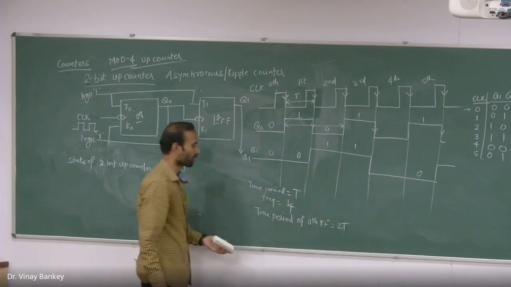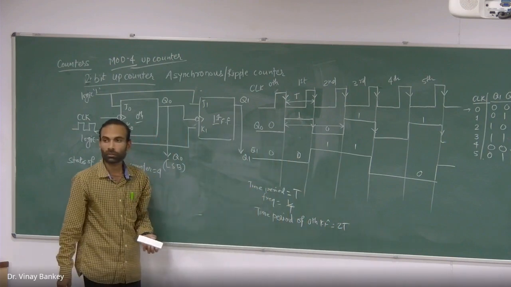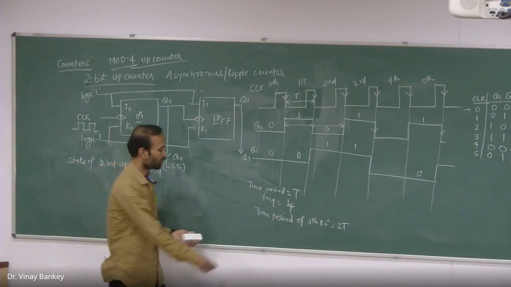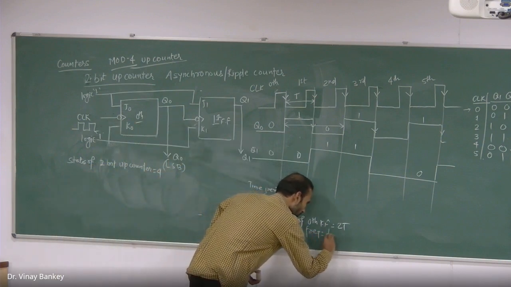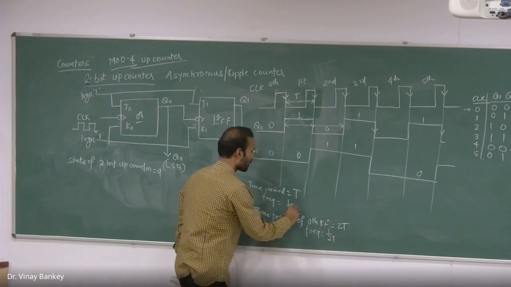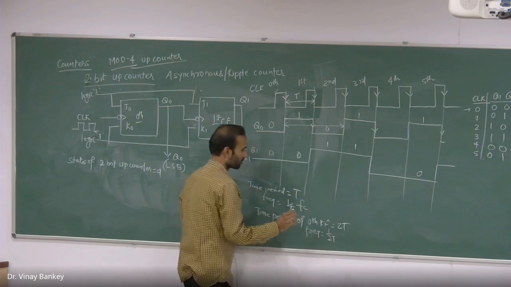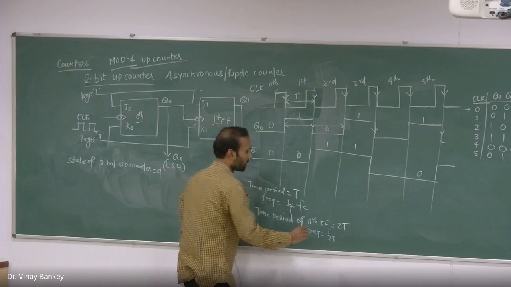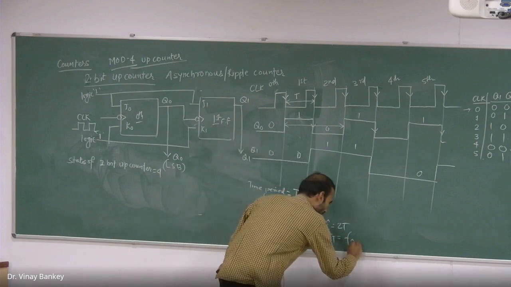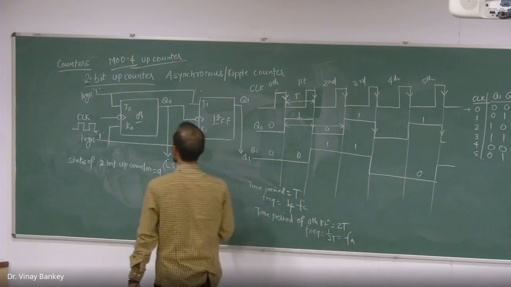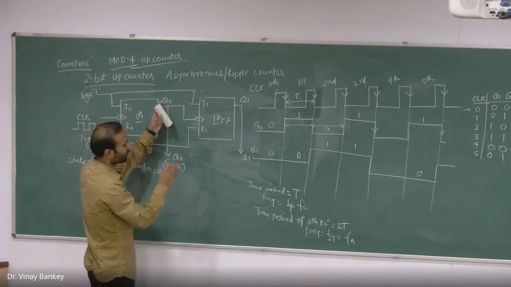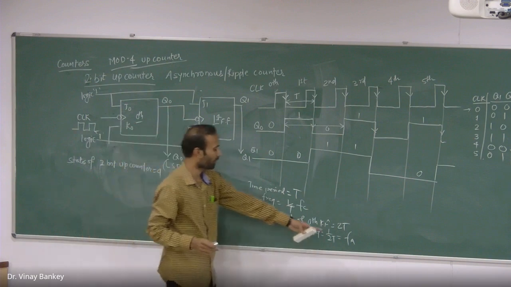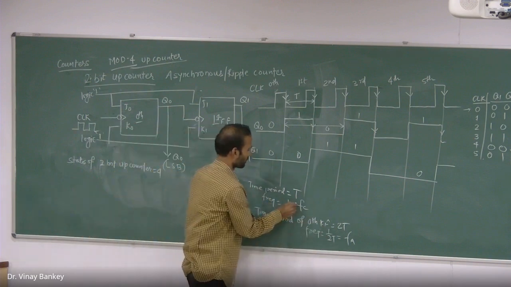And what will be the frequency of this? Frequency will be 1 upon 2t. So let me call the clock frequency fc. And how can we relate this to fa? If this flip-flop has a frequency at the output which is equal to fa, how can we relate this one?